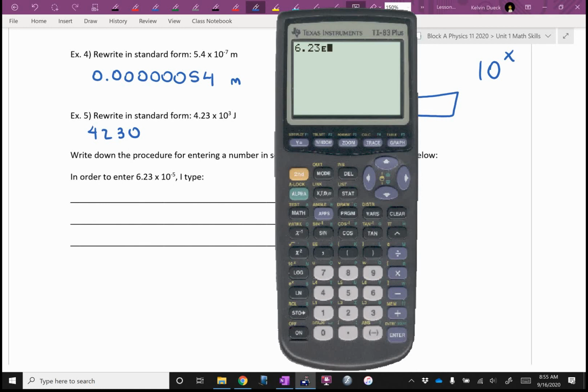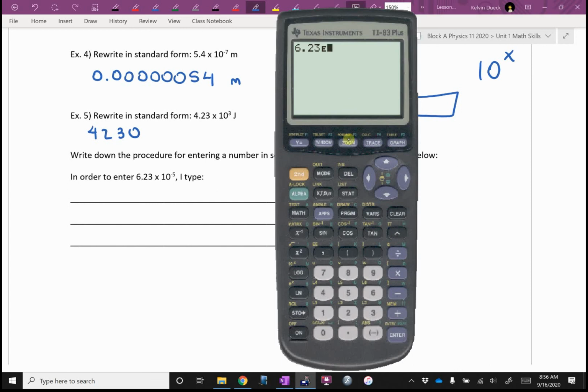Now, depending on your calculator brand, the TIs symbolize that with kind of a shrunken capital E. Some of the newer Casios might actually put a little times 10 to the and bump you up as an exponent already. Some of the buttons with the EXP might write the word EXP, or again, it might put a little E. The next thing, what's the exponent in this?